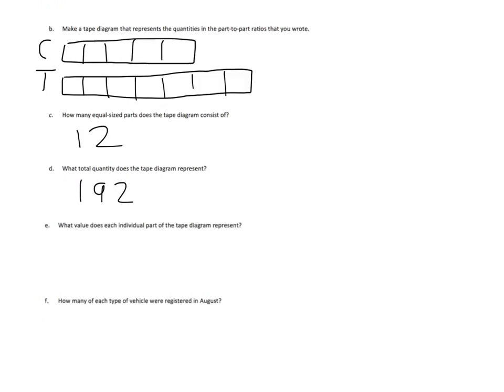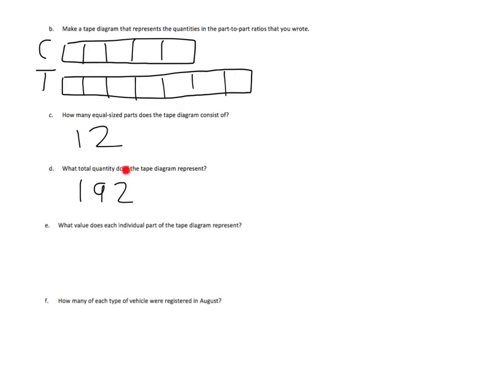Okay, we have 2 more parts to look at. We're now going to start answering the final question of how many of each type of vehicle there was. It says, what value does each individual part of the tape diagram represent? So if you recall, we made this tape diagram where there's 5 sections for the car and 7 for the truck, giving us our 12 total sections. Well, for that, we need to figure out how much is in each one.